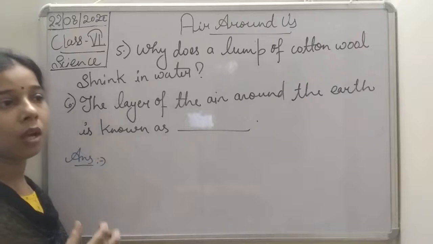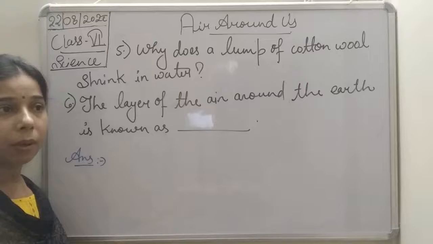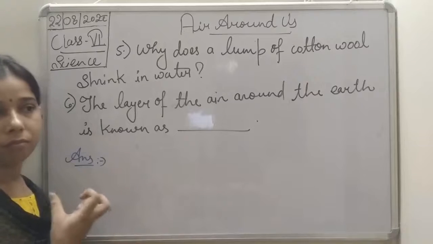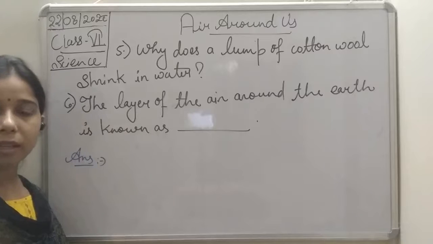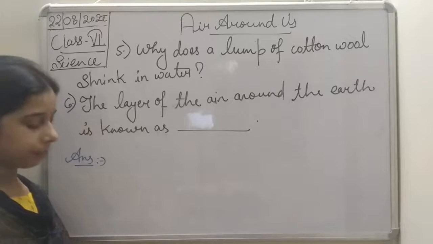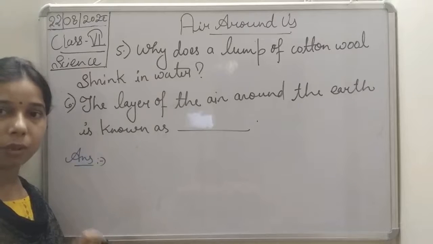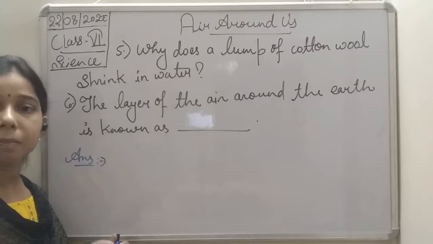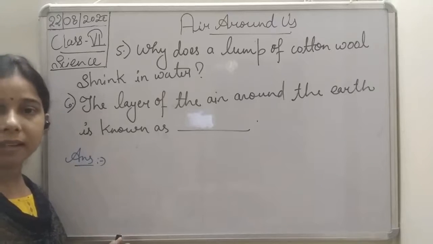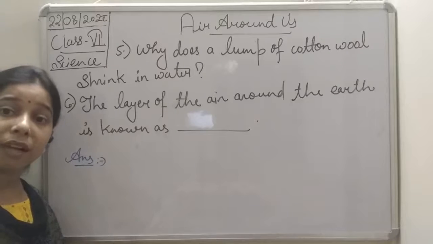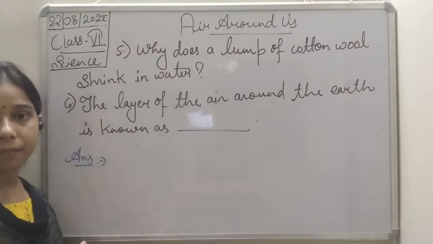Because we know that an object which has less density used to float. But if you take a lump of cotton wool, then it is going to shrink in the water. So the reason is, in the lump of cotton wool, before dipping in the water, it has spaces in it. Since it contains spaces, and those spaces are filled with air, that is why it is light.